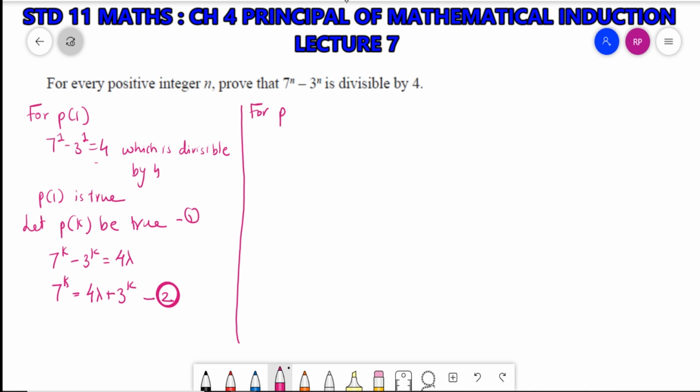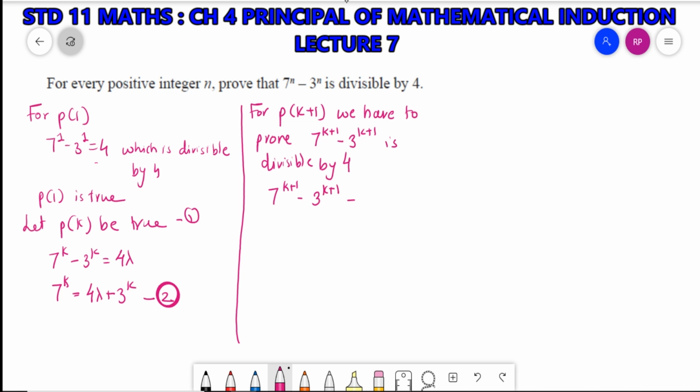For P of k plus 1, we have to prove 7 raised to k plus 1 minus 3 raised to k plus 1 is divisible by 4.